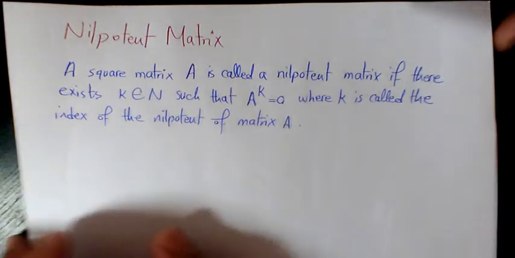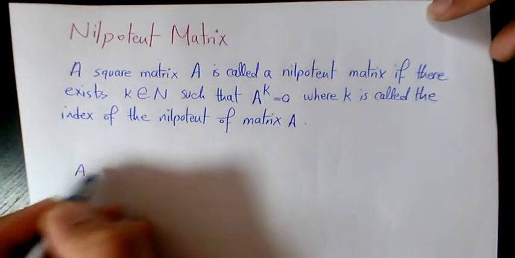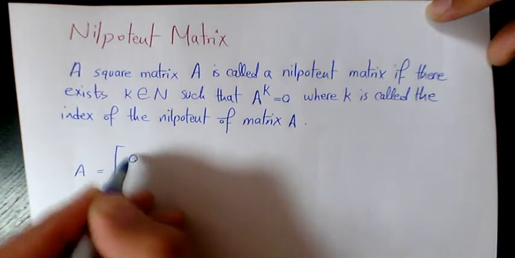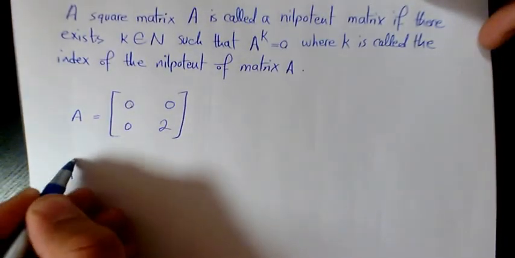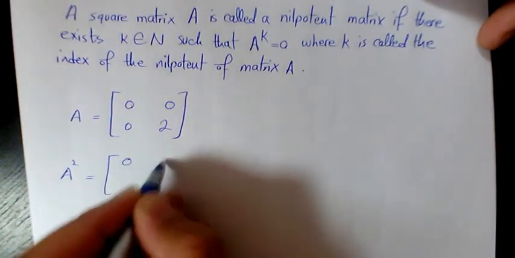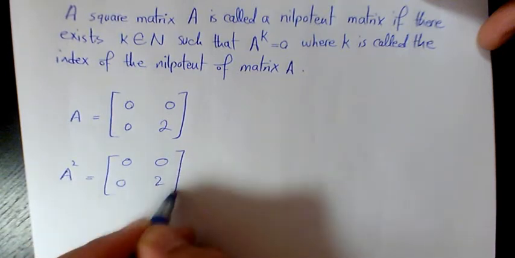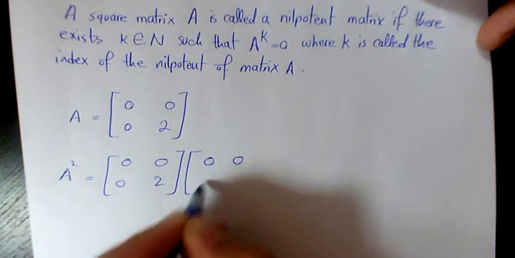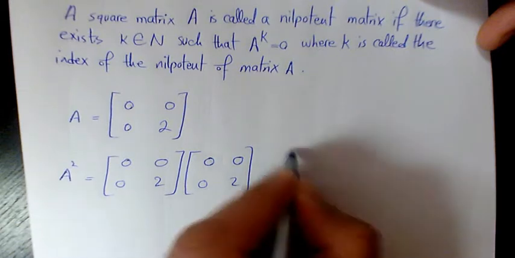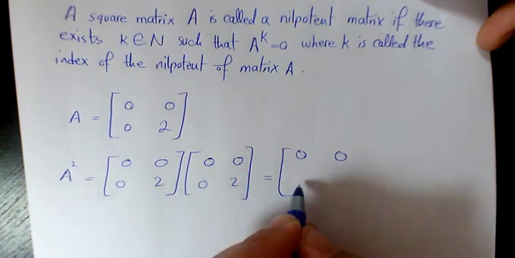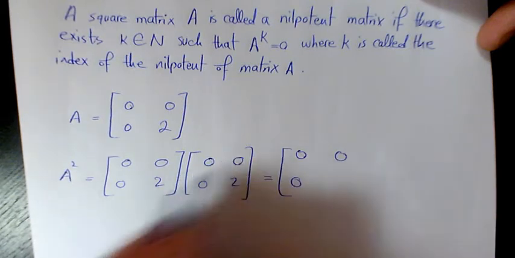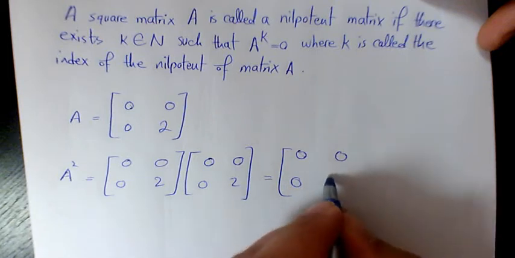For example, when we have A equals [0, 0; 0, 2], if we find A squared, that's [0, 0; 0, 2] multiplied by [0, 0; 0, 2], which is going to be [0, 0; 0, 4].